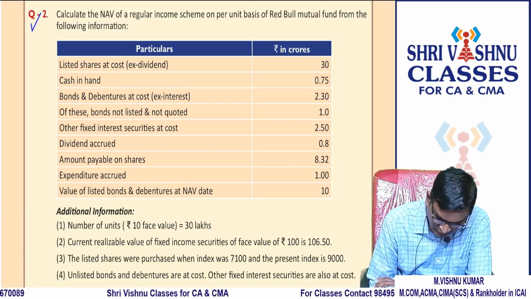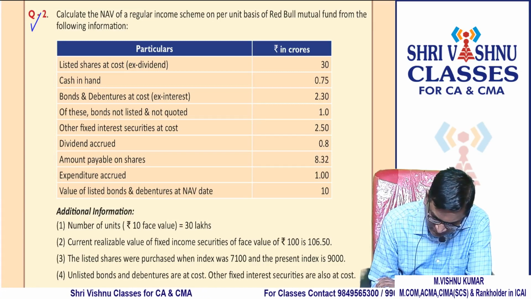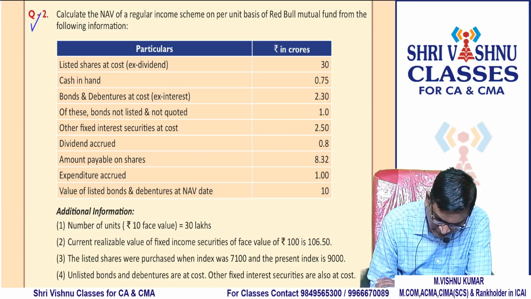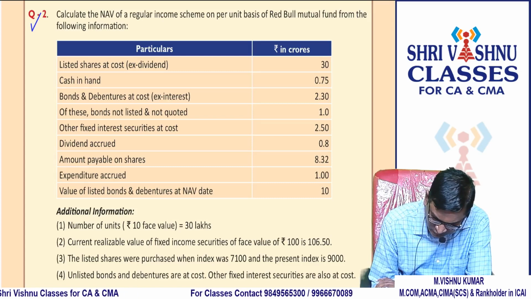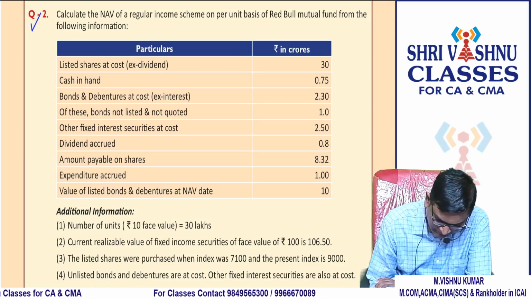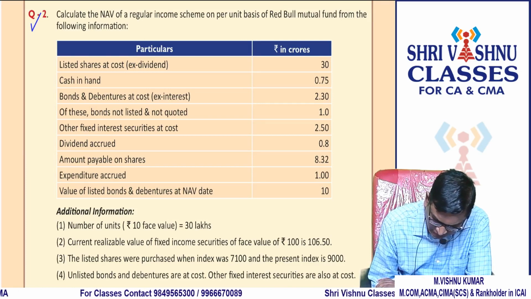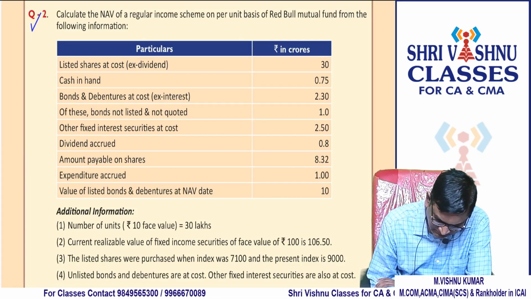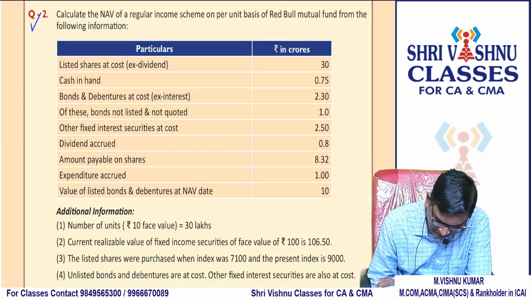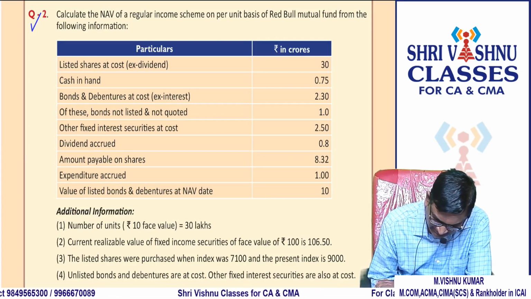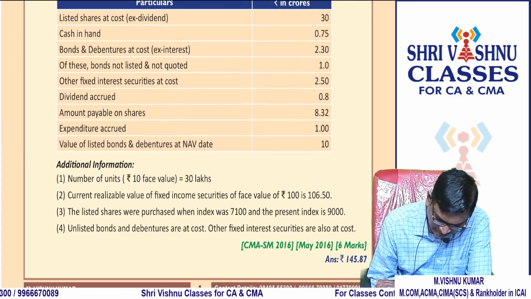Of these bonds, not listed and not quoted, 1. Other fixed interest securities at cost 2.5, dividend accrued 0.8, amount payable on shares 8.32, expenditure accrued 1, value of listed bonds and debentures at NAV date 10.